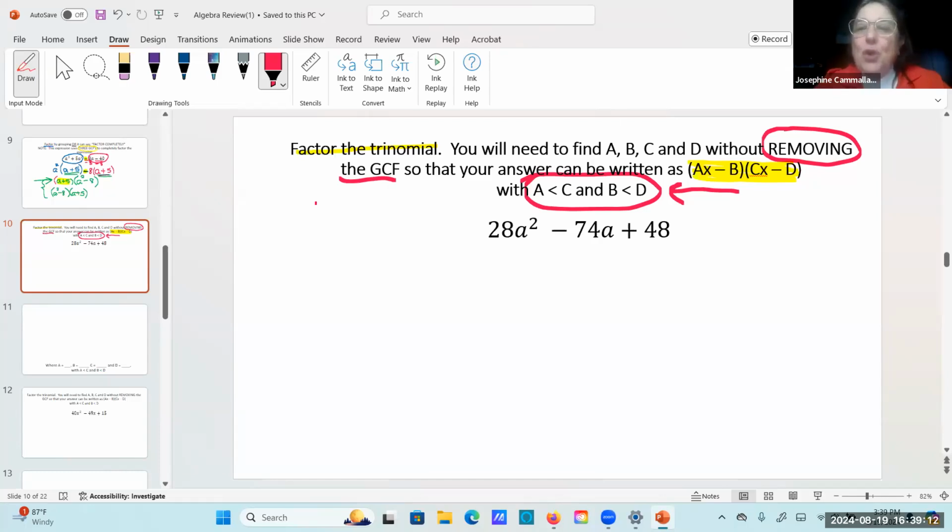Now, I'm going to show you how I factor this. And I like to use it by grouping.